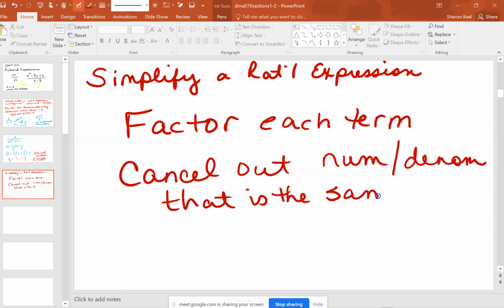So in other words, factor and cancel stuff out. The rules are really that simple. Factor each term and cancel out the numerator, denominator that is the same.